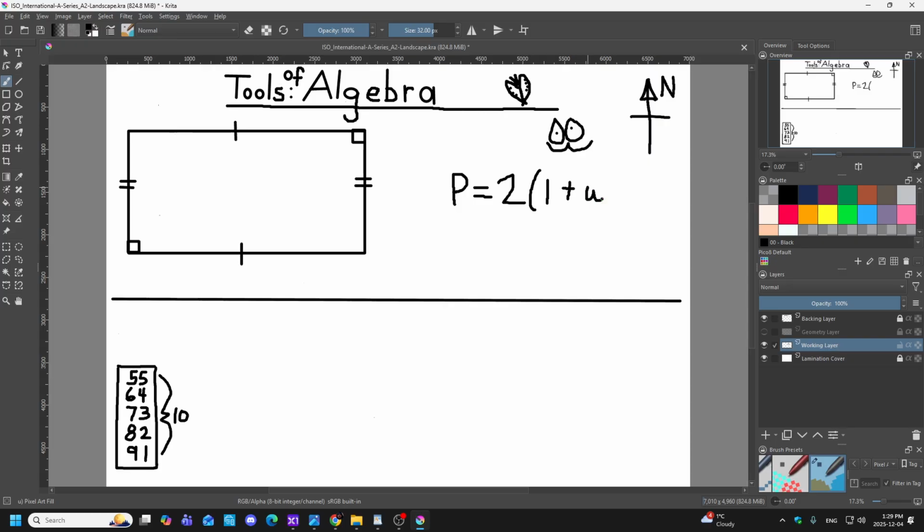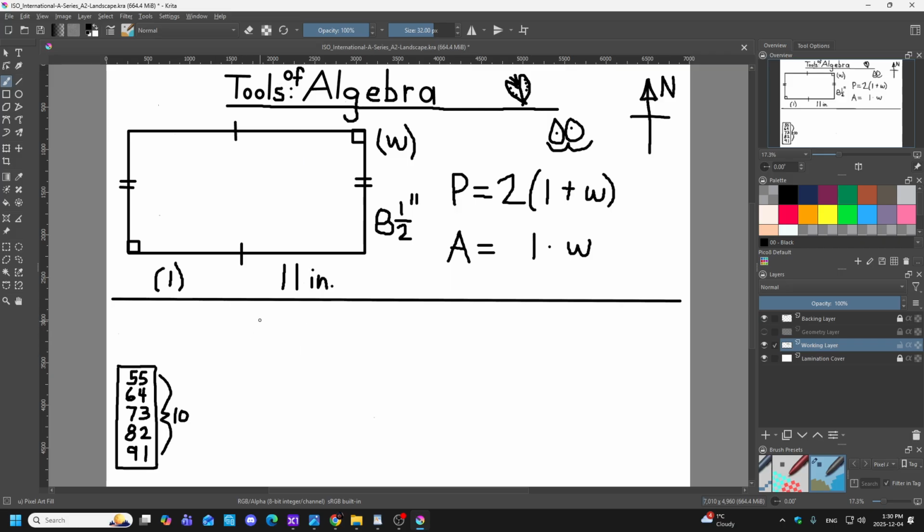W, and area equals L times W. This is W. This is L. And we have 8.5 by 11. So this is 11 inches, and 8.5. Double ticks for inches.